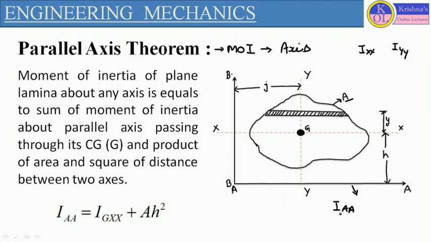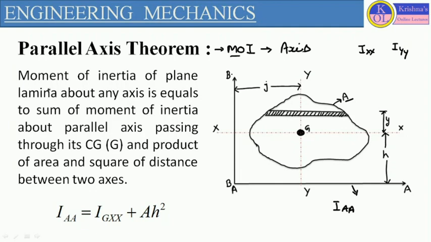So I am going to write this IAA, because we are going to define the moment of inertia about this axis AA. And this axis is parallel to x-x axis. That is why we generally call this theorem, which is used to define the moment of inertia, the parallel axis theorem. Here axes are parallel. That is why it is called parallel axis theorem.